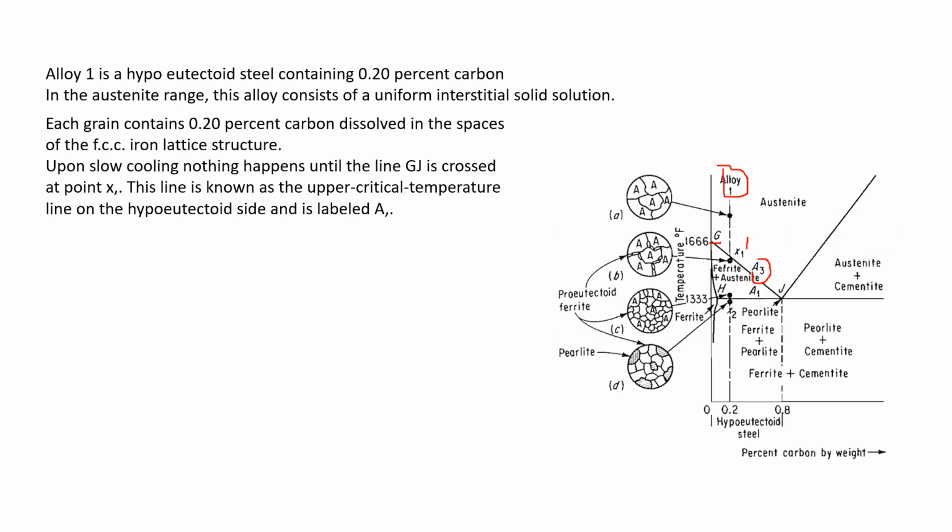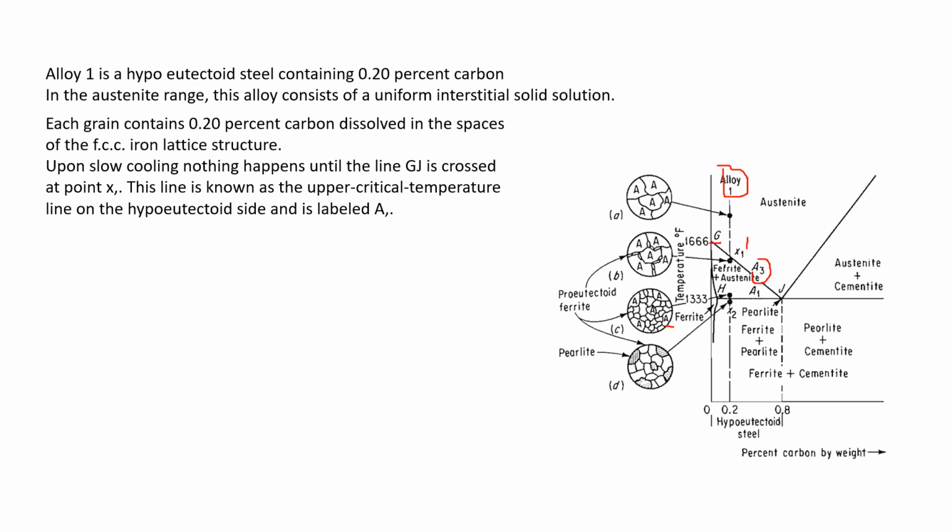Since ferrite can dissolve very little carbon, the proeutectoid ferrite forms in these grains. The carbon which comes out of solution is dissolved in the remaining austenite, so as the cooling progresses the amount of ferrite increases.